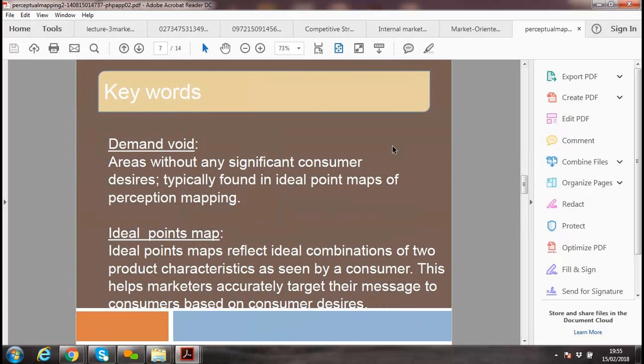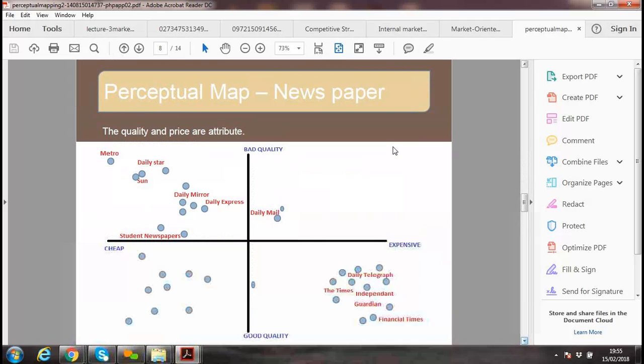Okay, so this is a perceptual map. This perceptual map is about newspapers: bad quality, cheap, expensive, good quality. There are different newspapers, like free newspapers such as Metro, and people have different perceptions about them. This is a perceptual map about the quality and price attributes.